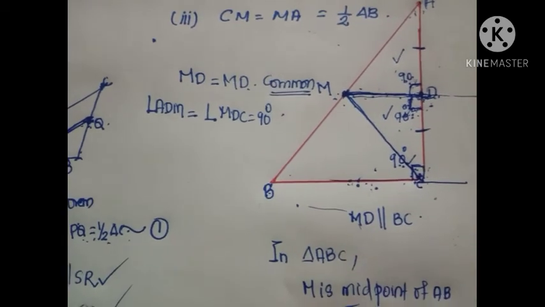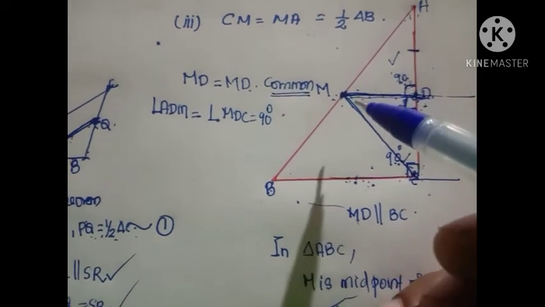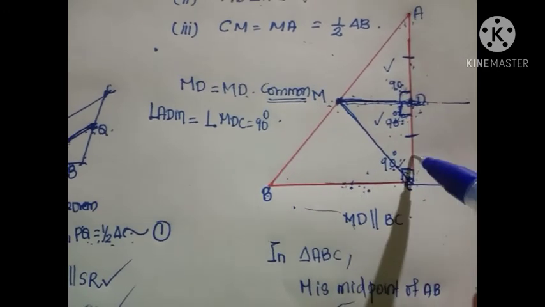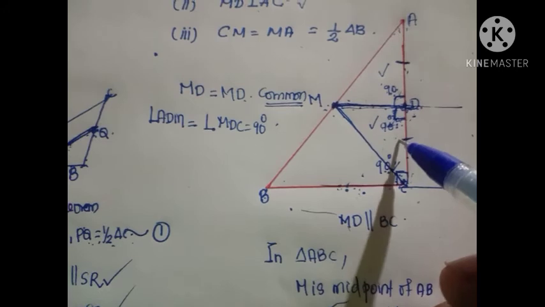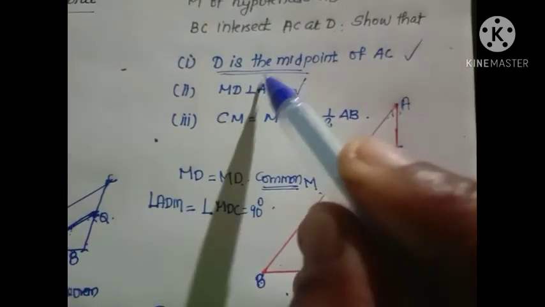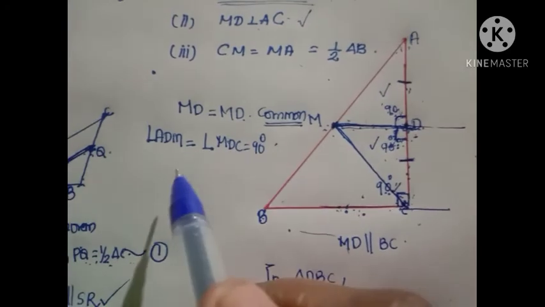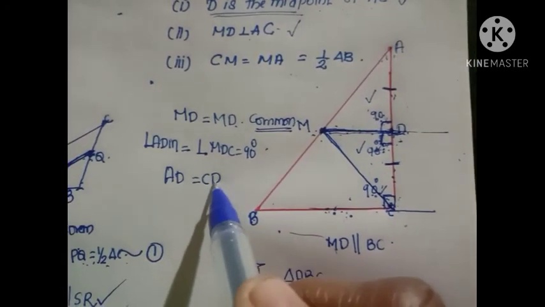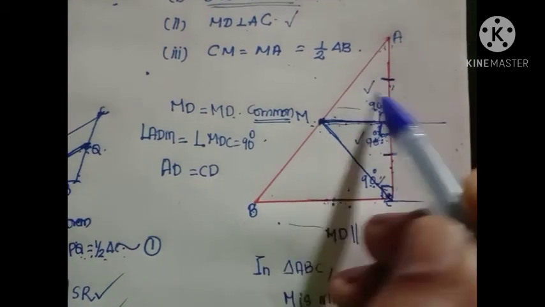Now listen, in these two triangles, what about AD and CD? These two are equal. What is the reason? D is the midpoint of AC. So AD is equal to CD. So consider this triangle.